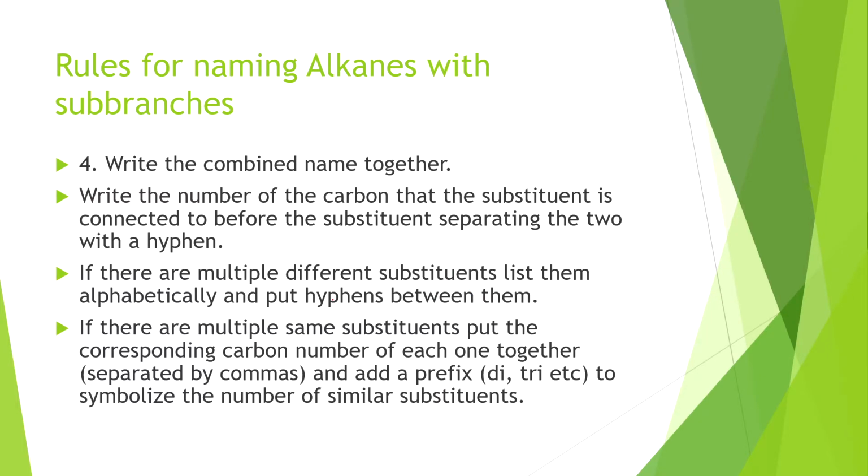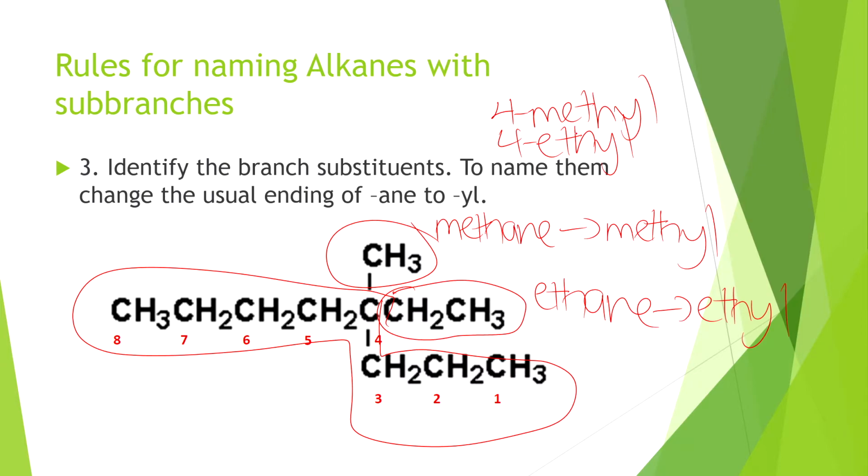Then rule number 5, if there are multiple different substituents, list them alphabetically and put hyphens between them. In this case, there are multiple substituents, and we see ethyl, E, is before the M alphabetically. So we would put 4-ethyl and 4-methyl.